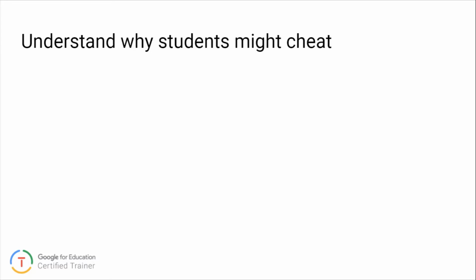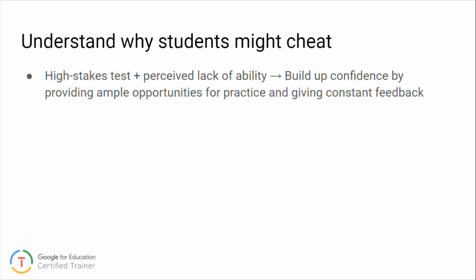So now let's have a look at some of the reasons why students might cheat and what we can do to take away their motivation for cheating. The first point is actually, well, it has two components. They usually go hand in hand, and it's a combination of high-stakes tests and a perceived lack of ability, which means there's a lot on the table and the students don't think that they would be successful during that high-stakes test.